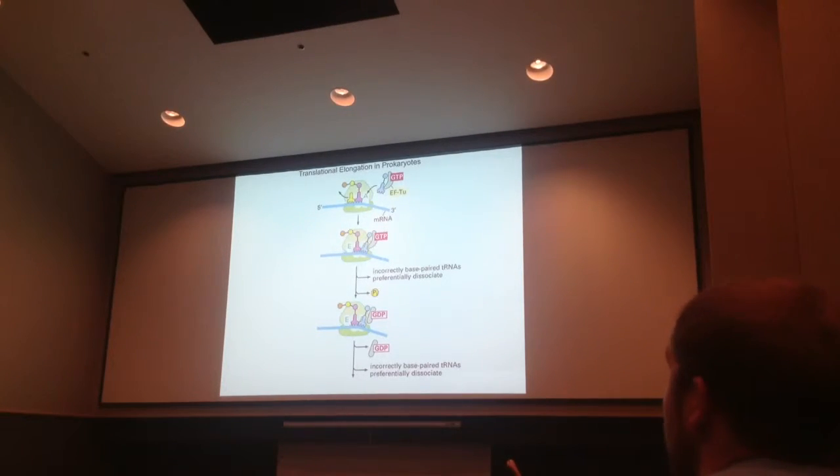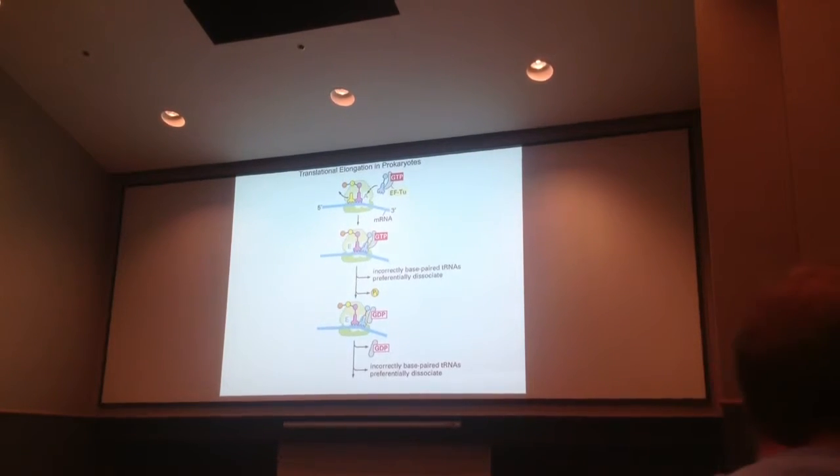So this complex, in this case EF-Tu, and in the case of initiation IF2, essentially are screening or proofreading or checking for the proper tRNA to be inserted into the A site. That's the function of that.